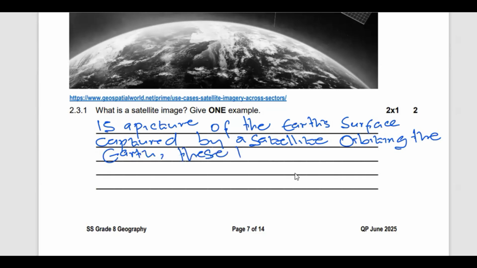These images are produced using sensors aboard the satellite.